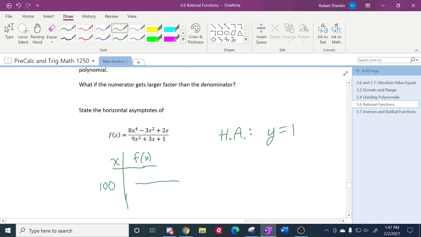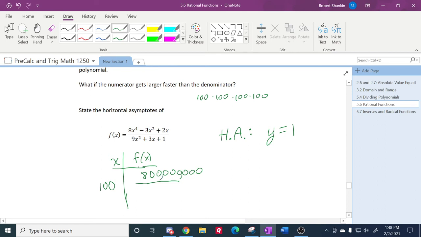If you did 100 to the 4th power, that's 100 times 100 times 100 times 100, which is 1 with 8 zeros.